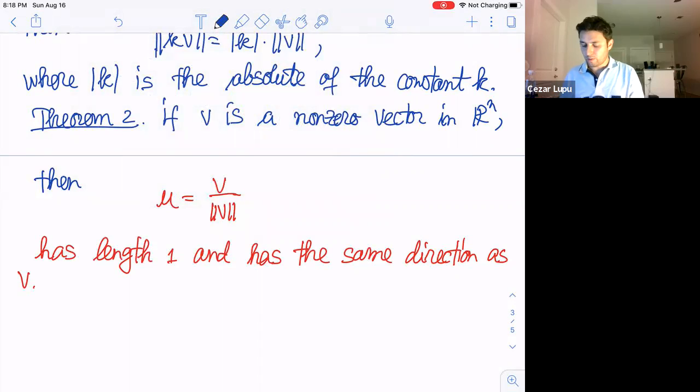This is what we will call, well, we said this has length 1 and the same direction as v.